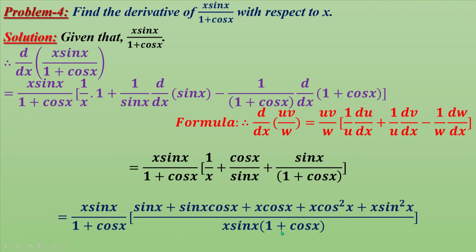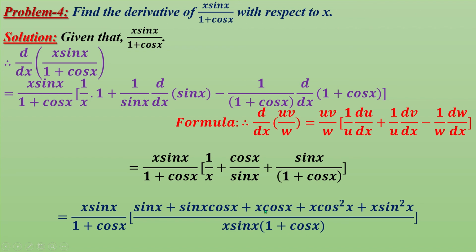Now calculate this. Here the LCM is x sin x into 1 plus cos x. So here will be sin x plus sin x cos x, and here will be x into 1 plus cos x into sin x.